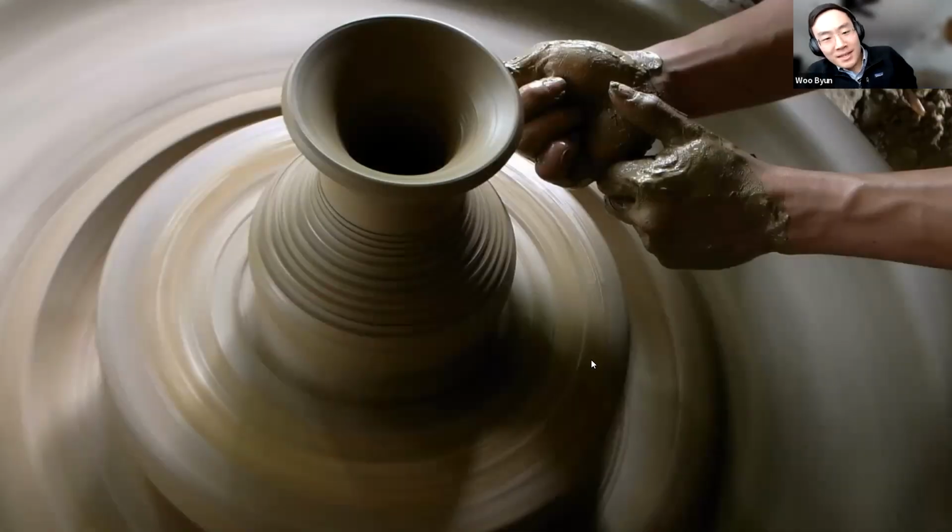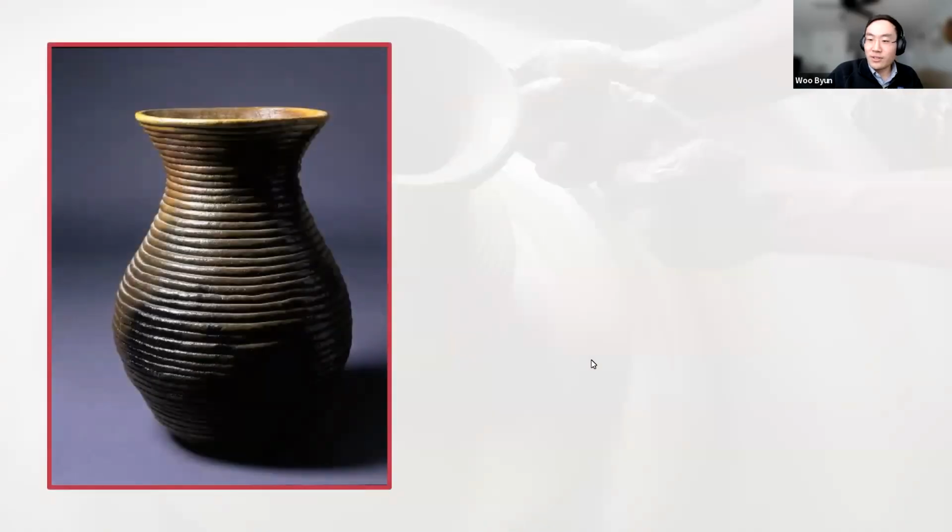It's kind of interesting because we've had pretty complex techniques of making 3D objects for the longest time. An example is pottery, and specifically this is coiled clay pottery.